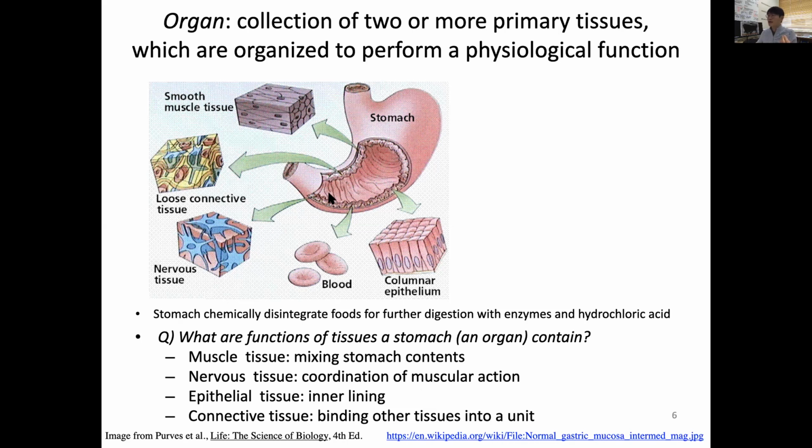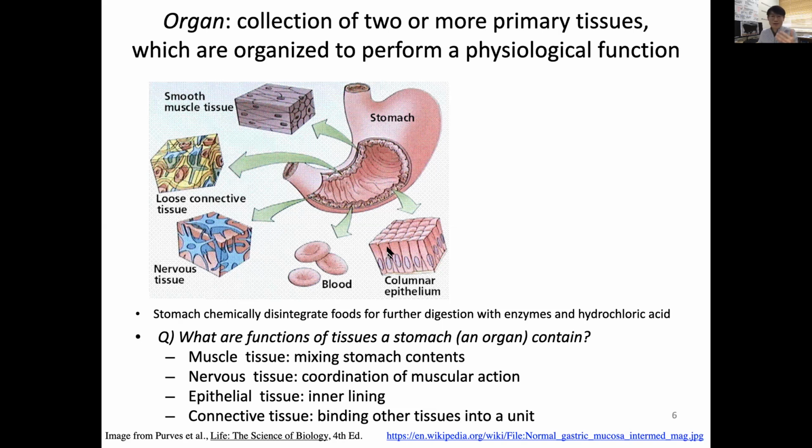And there's a lining of the stomach surface. That's here, columnar epithelium. You see, it looks like columns, and that's an inner lining. And with the enzymes, which are supposed to disintegrate food, we have to make sure these enzymes do not eat up the stomach surface itself.